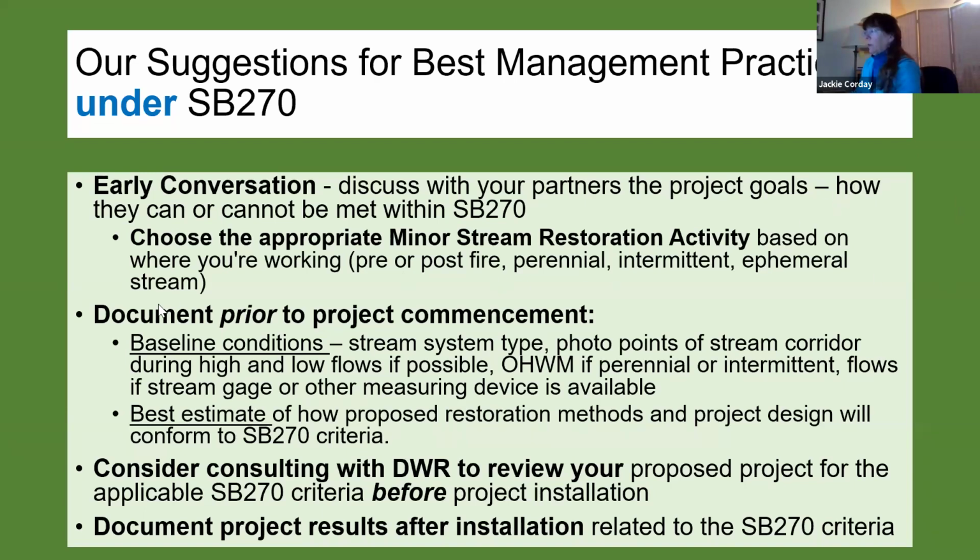So what we're getting at here is documentation. Documentation prior to your project commencement. You really need to document your baseline conditions. Where is that ordinary high water mark? And being able to delineate that and have pictures of it along pretty much your whole project.